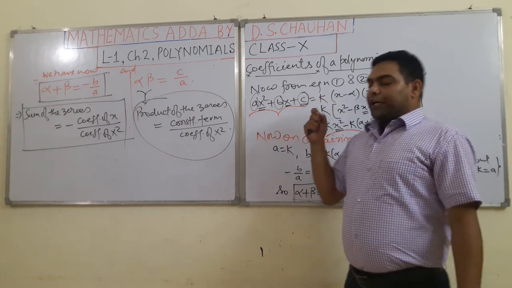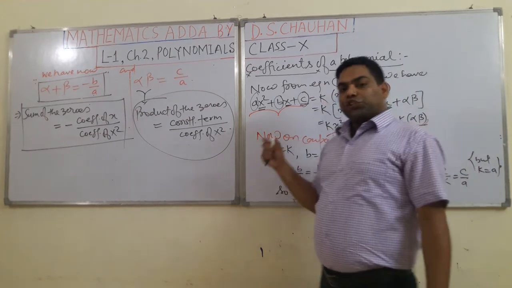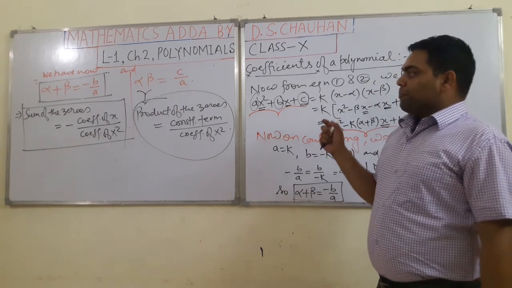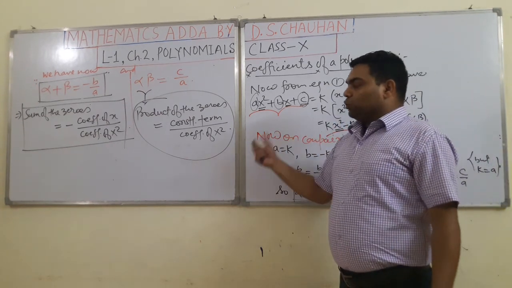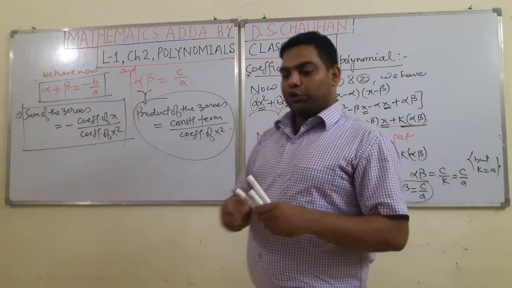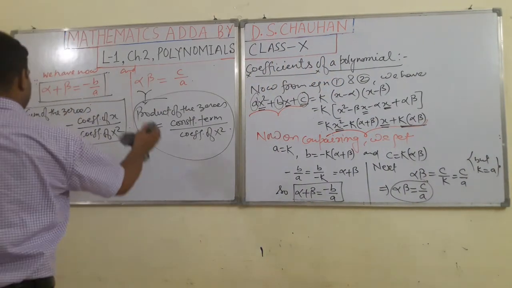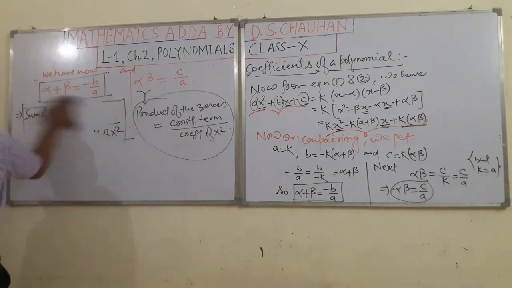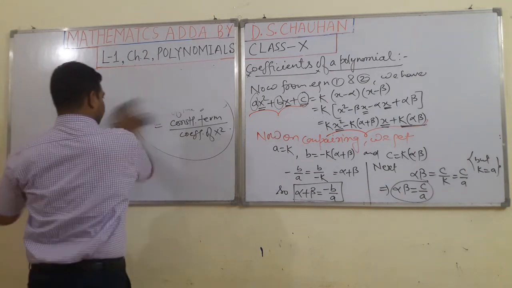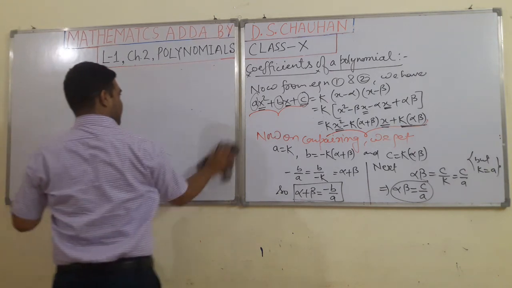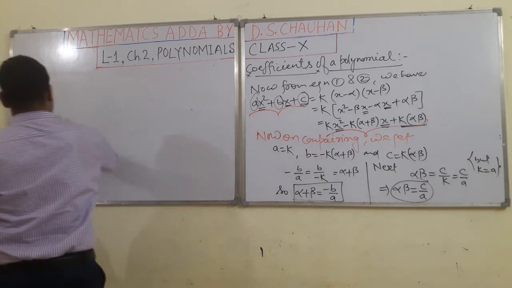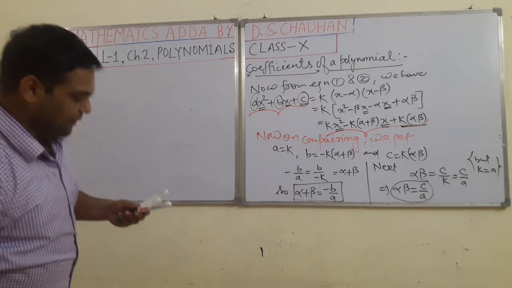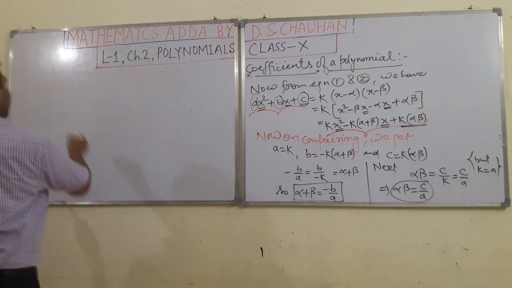Now, all of you try to observe which type of question will come in your exam and how to do them. You try to understand. I am going to explain. Well, students, suppose this simple question comes.